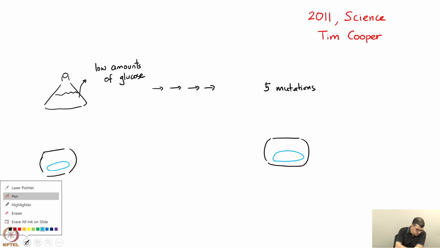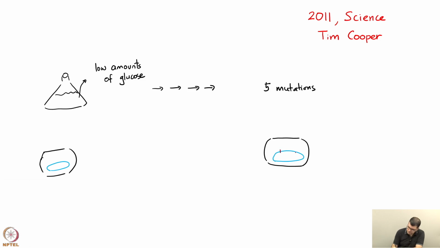This evolved genome has 5 mutations which are spread in 5 different parts of the DNA and is associated with 5 different genes which are concerned with 5 different functionalities inside the cell.